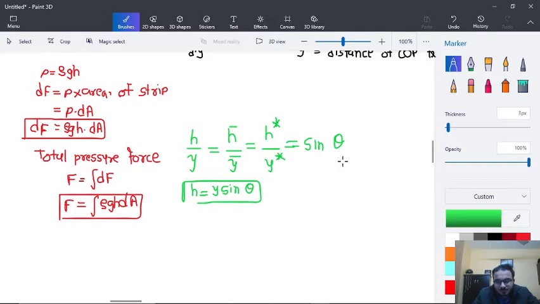So now we can modify our main equation, that is this F, total pressure. F is equal to integration rho G Y sin theta into dA.